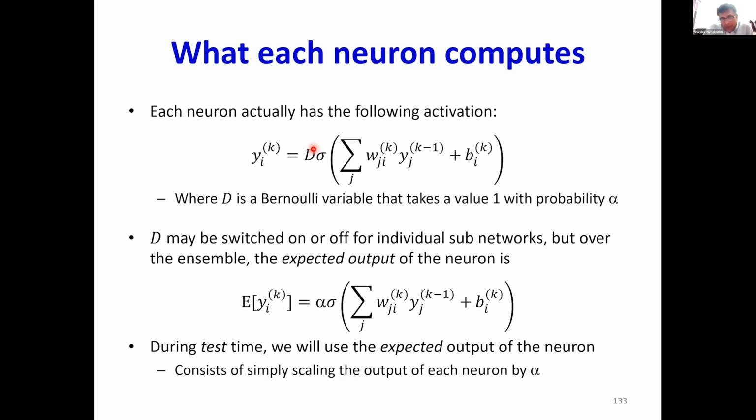D is the Bernoulli random variable, which took the value 1 with probability alpha. What is the expectation of this guy on top? The only random variable is D. What is that going to be?